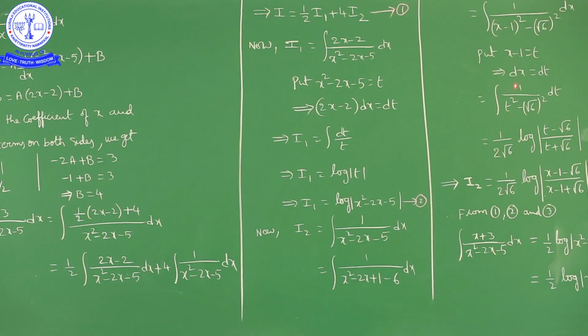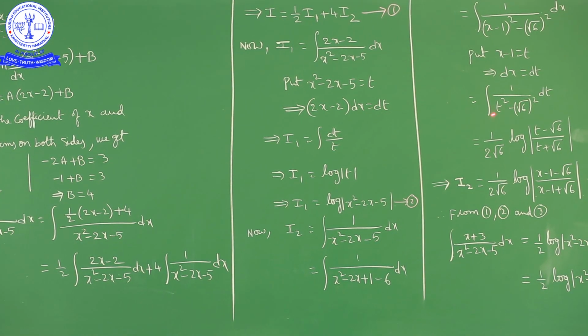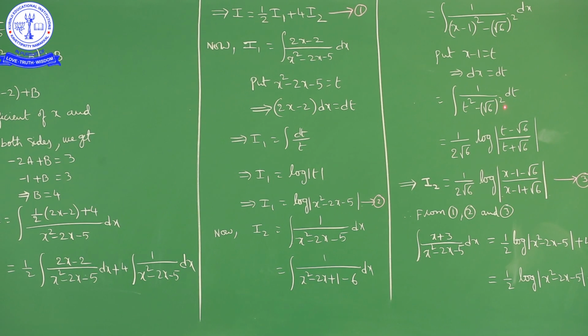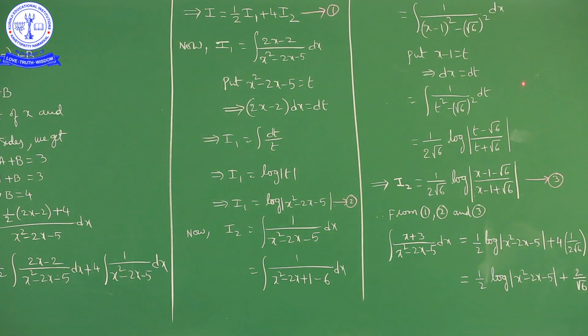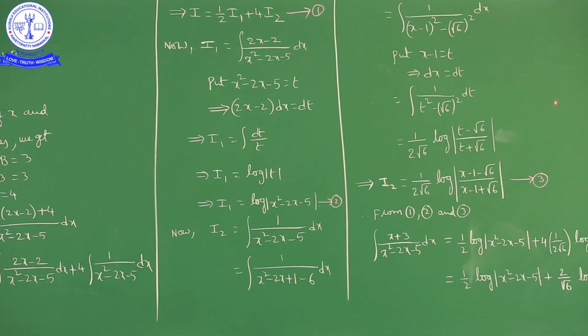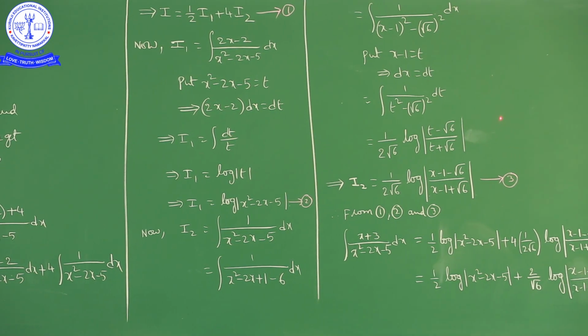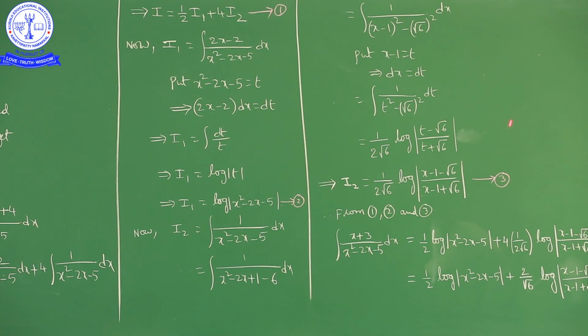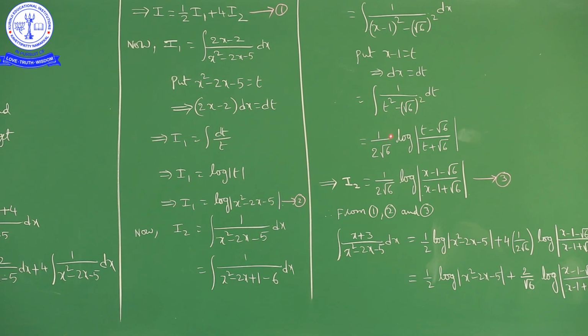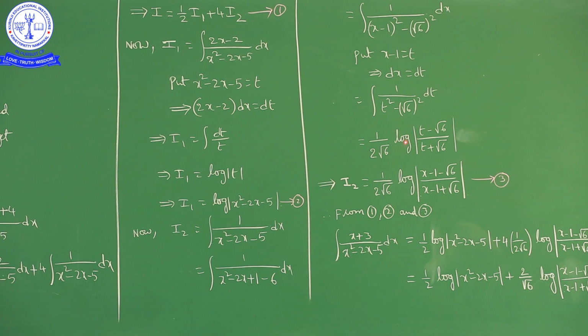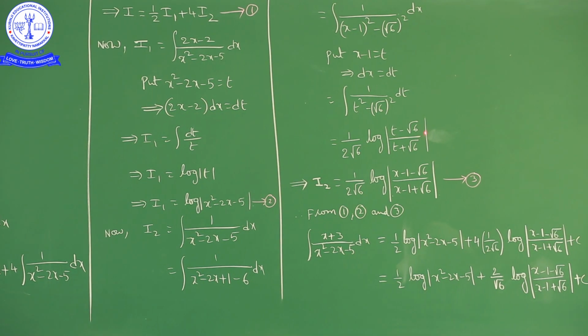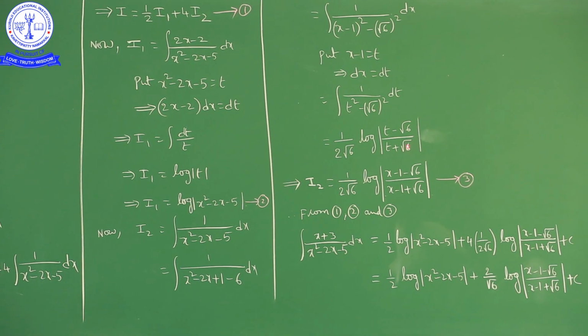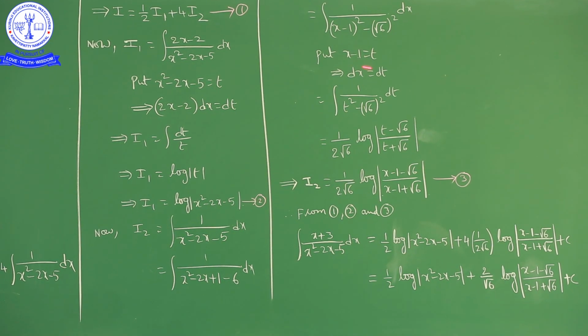This is of the form integral 1 upon x square minus a square dx, which is 1 by 2a log mod x minus a upon x plus a. So 1 by 2a is 1 by 2 root 6, log mod t minus root 6 upon t plus root 6. What is t? T is x minus 1. So x minus 1 minus root 6 upon x minus 1 plus root 6.